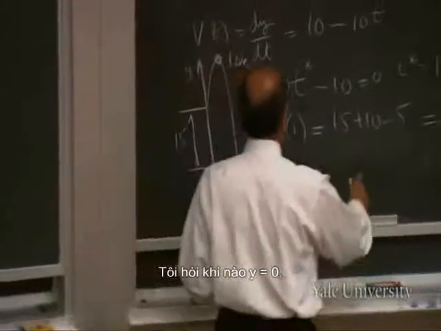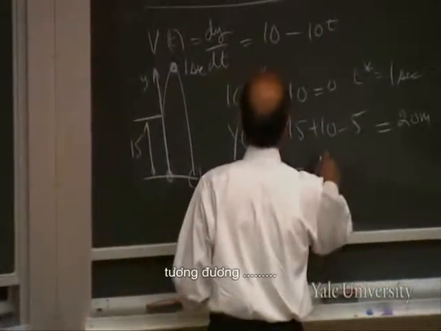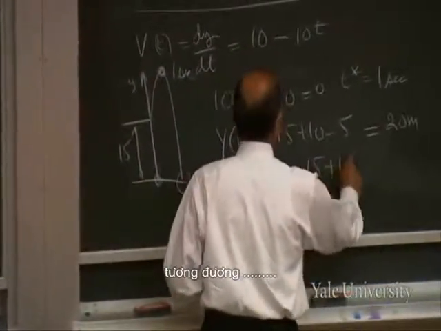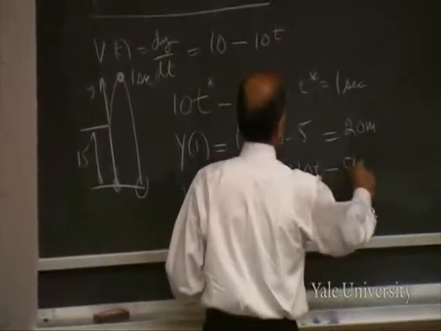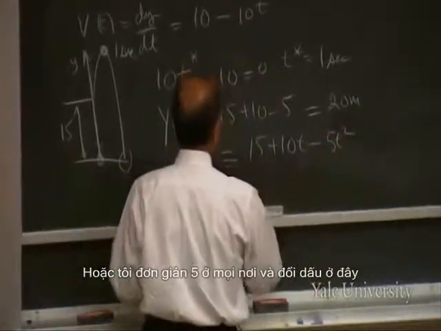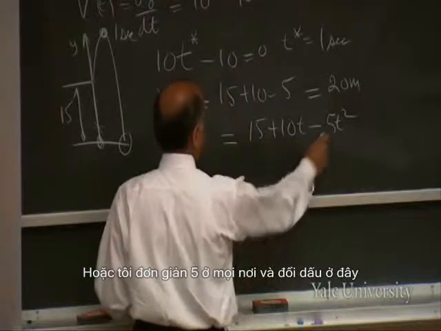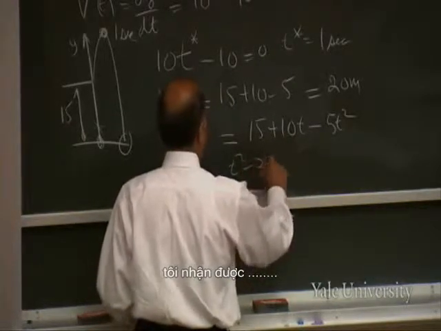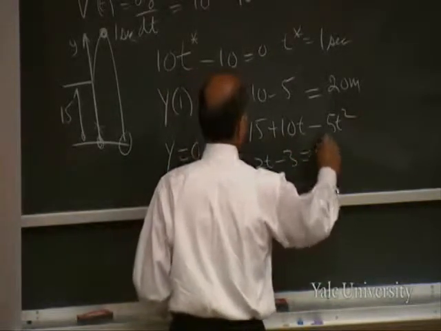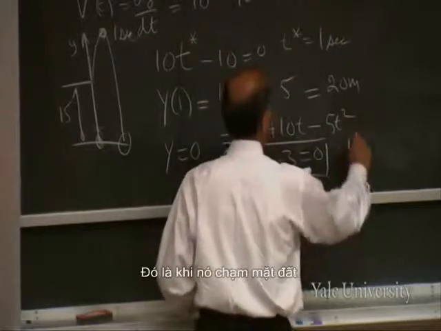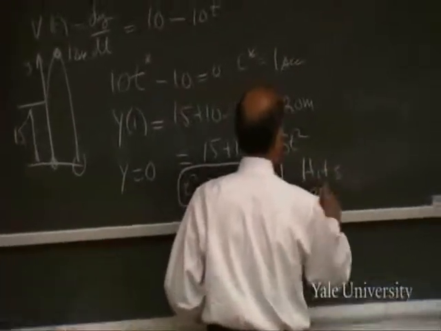So I say 0 is 15 plus 10t minus 5t squared, or canceling the 5 everywhere and changing the sign, I get t squared minus 2t minus 3 equal to 0. That's when it hits the ground.